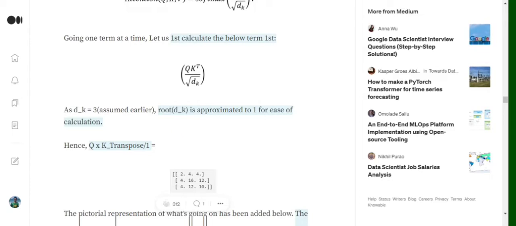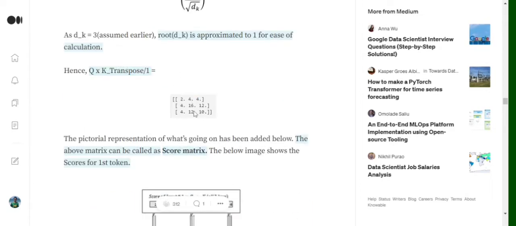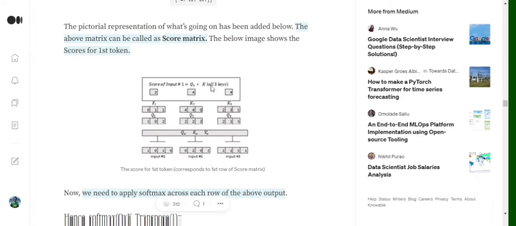As d_k equals 3, the root of d_k would be around 1.7. So I am assuming it to be 1 for now, for ease of explanation. Calculating the numerator would give us this 244, 416, 12, 412, 10, which is also called the score matrix.